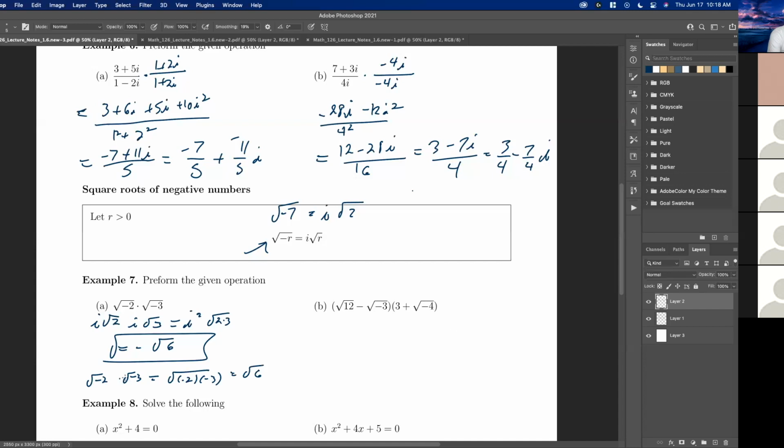You cannot do this, since the square root of negative 2 is not a valid number. Since this is outside its domain, this is not an allowed operation. So we're going to have to introduce the imaginary unit in order to work with it. So do not do this. This is bad. All bad.